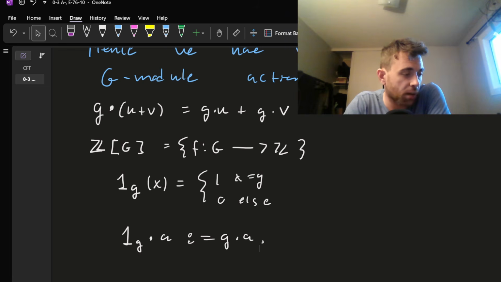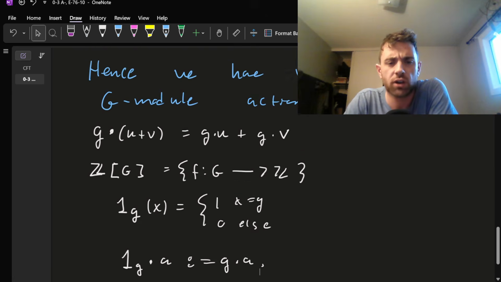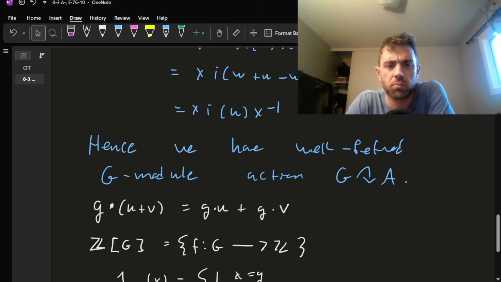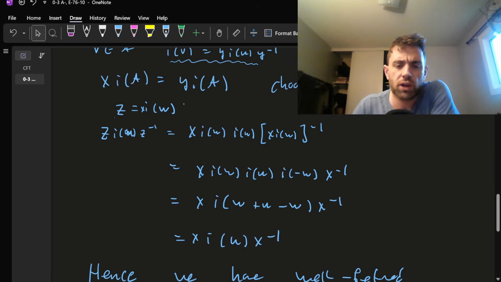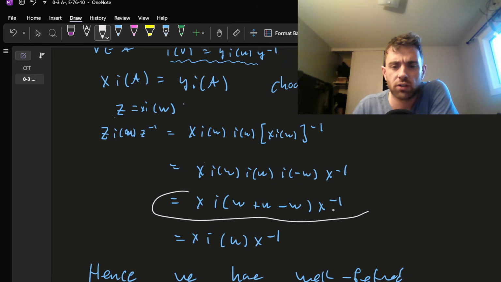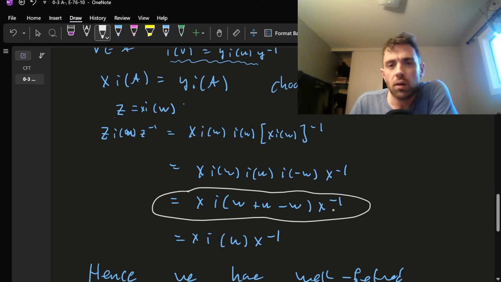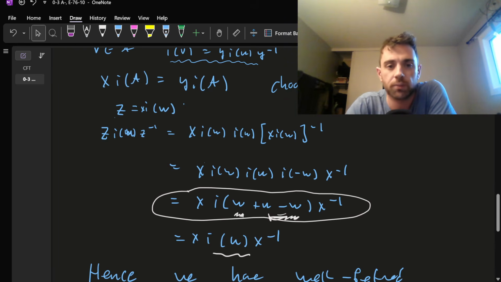But perhaps I should show you that this respects the Z module action. Actually, there's something more important before I move on to that. The crucial step in all of this is right here. Why is this crucial? Because I have used the fact that A is abelian, and that is what allowed me to commute these two terms and to have the two W's cancel out and just end up with I of U down here.